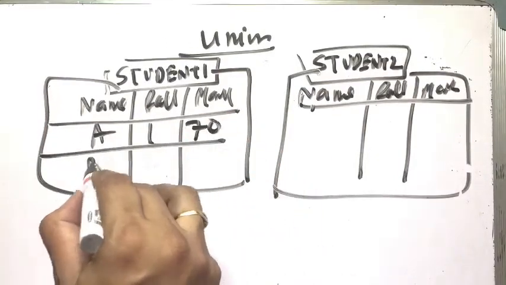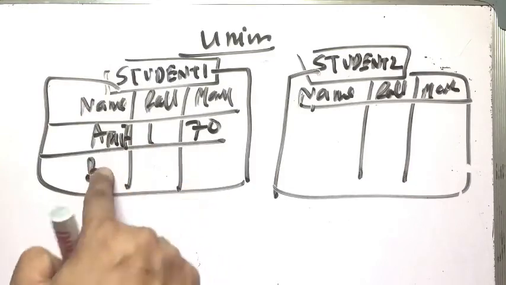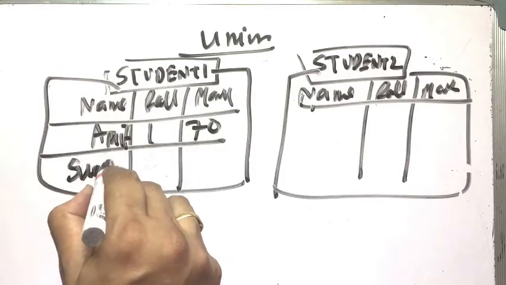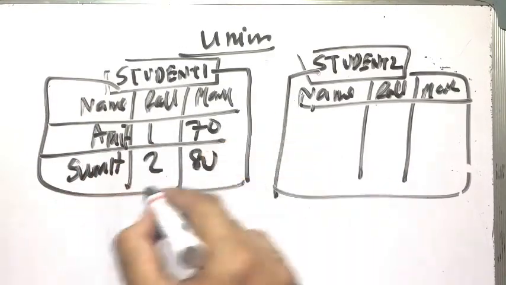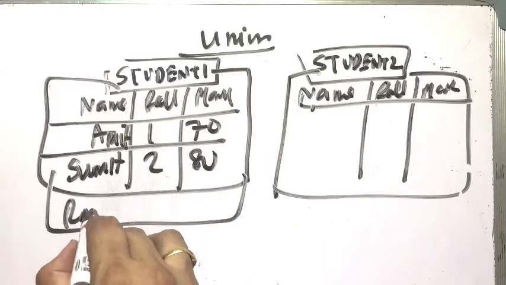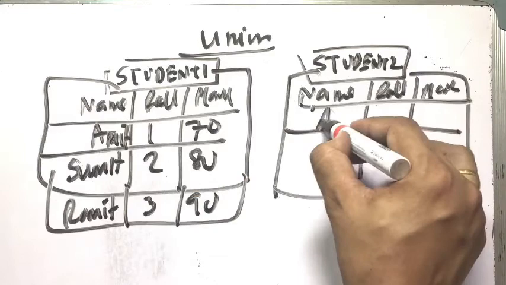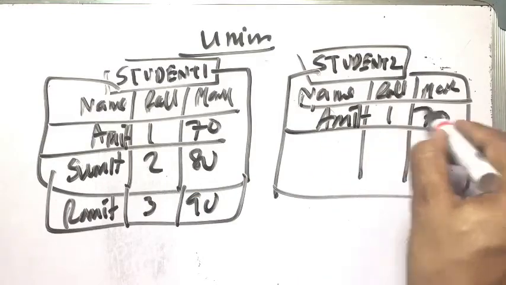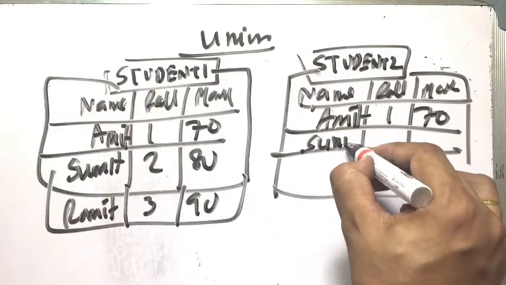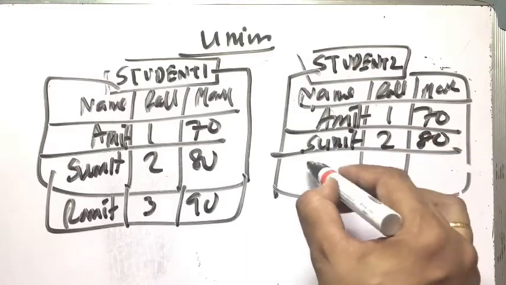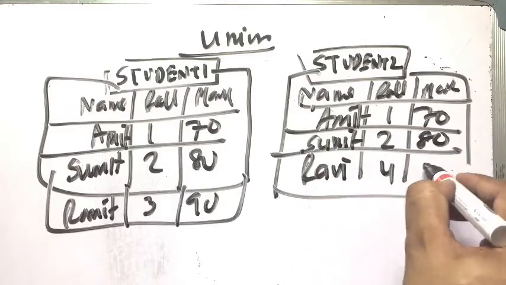Suppose Student 1 has Amit 170, Sumit 280, Romit 390, and Student 2 has Amit 170, Sumit 280, Ravi 492.